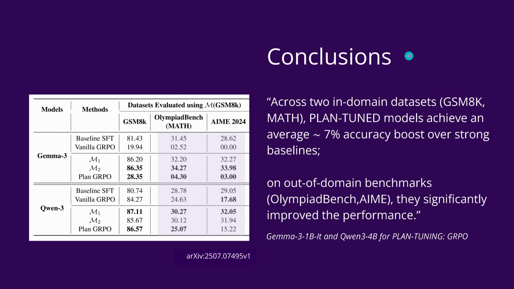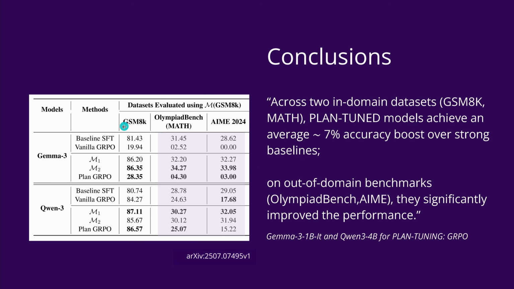Now, from the conclusion of the original paper, I have a quote for you. And I just want to show you this, and I love Google and I love everything they do, of course, but sometimes you have to be a little bit careful when you read them. Because they say across 2 in-domain data sets, so this is the first column here, this plan-tuned model achieved an average 7% accuracy boost.